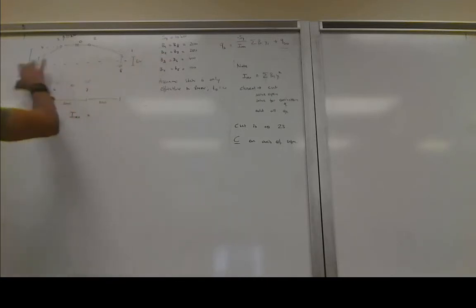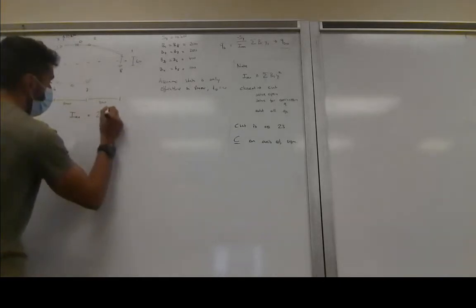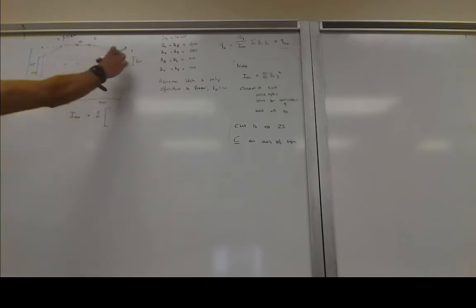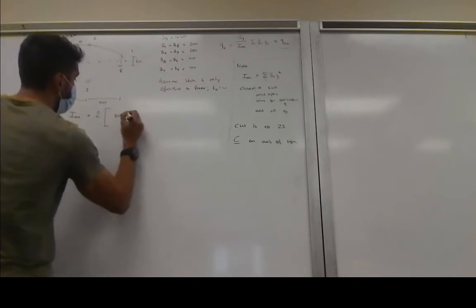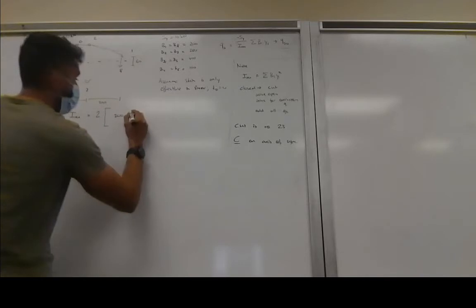We can use symmetry, so we can just do the top half and then multiply by 2. So 2 times the summation of B y squared. Let's start off with boom 1. That's 200, and the y distance is 60 between 1 and 8, so the y distance is 30.